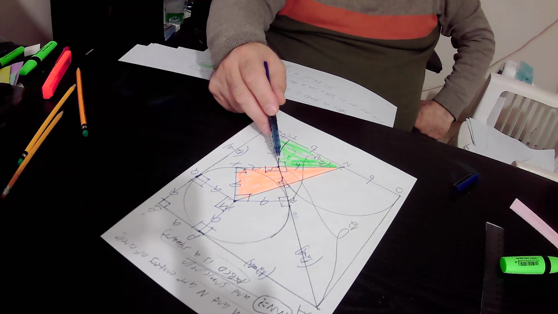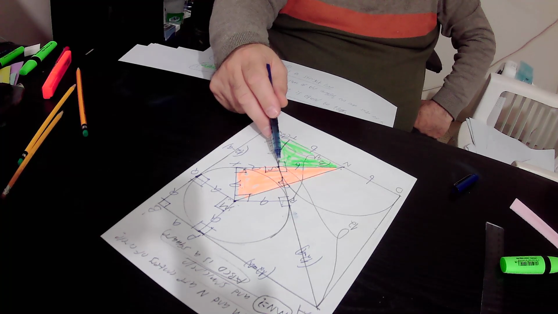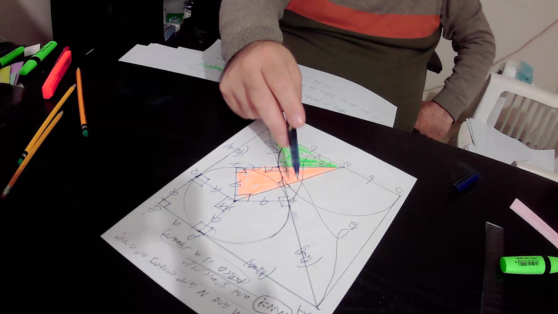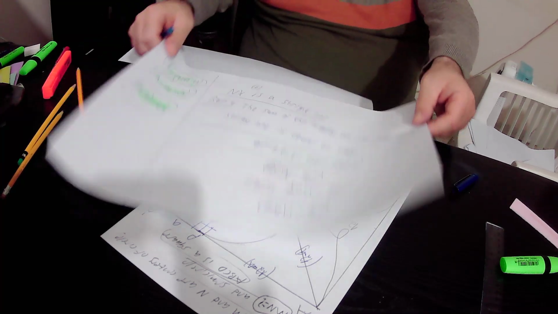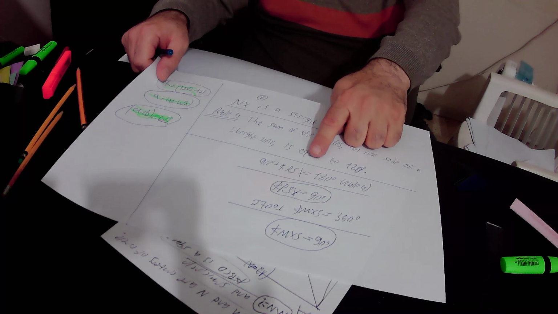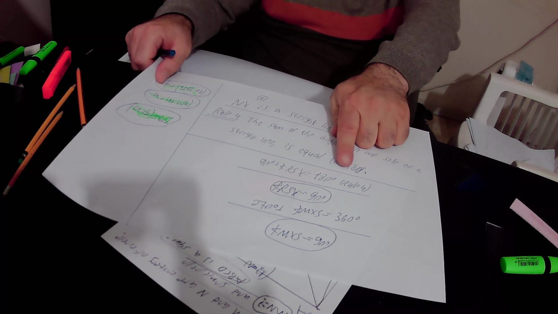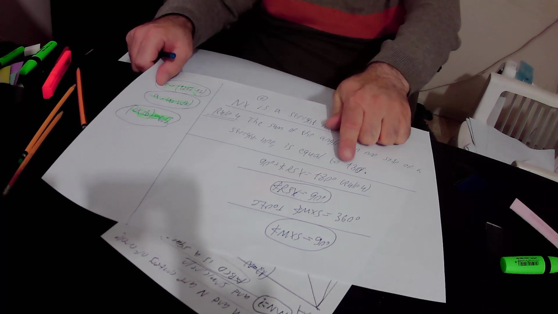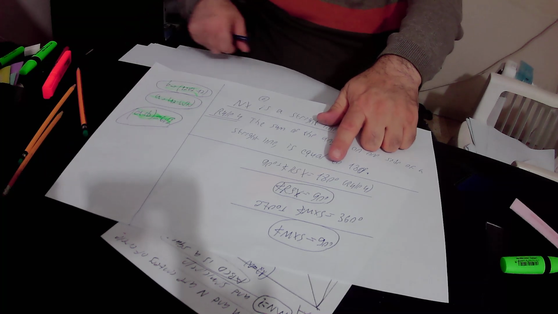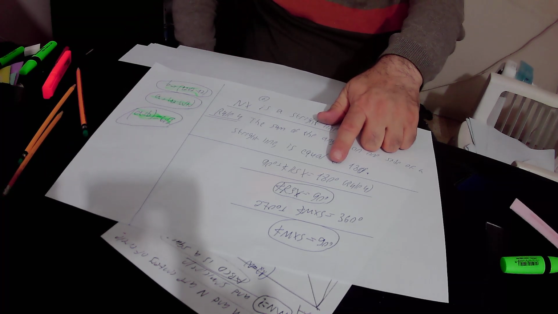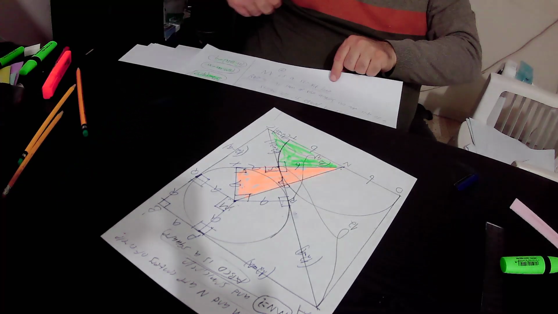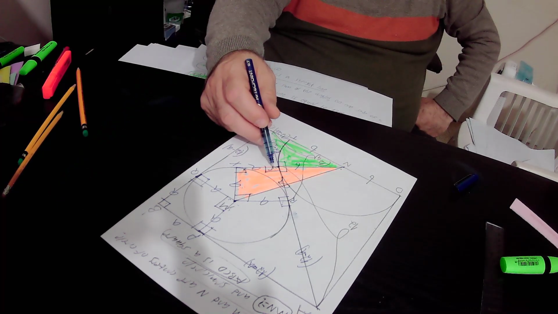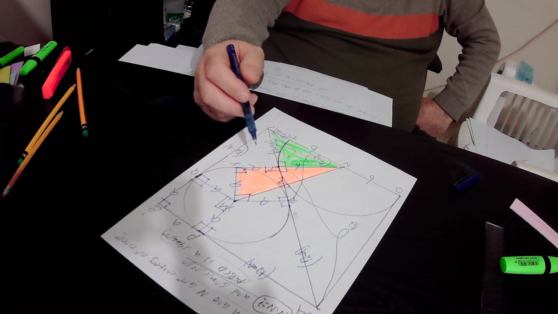Which angles do we have on the upper side of NX at point S? We have here 90 degrees plus angle RSX. So 90 degrees plus the size of angle RSX, in total they must be equal to 180 degrees. We subtracted 90 degrees from this equation, and we got that angle RSX equals 180 degrees minus 90 degrees is 90 degrees. So we found out that this angle RSX is a right angle. It equals 90 degrees.